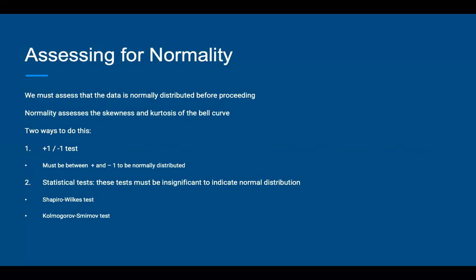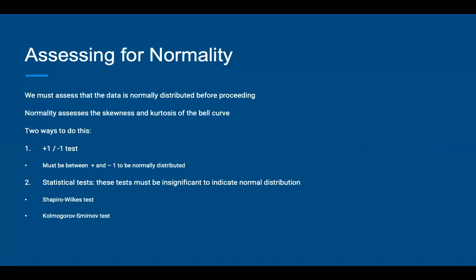However, we need to set a standard in terms of what's normal enough and what's not normal enough. And that's what we're doing here. So really, when we look at normality, we're looking to assess the skewness and kurtosis of the bell curve. Is it negatively skewed too much?